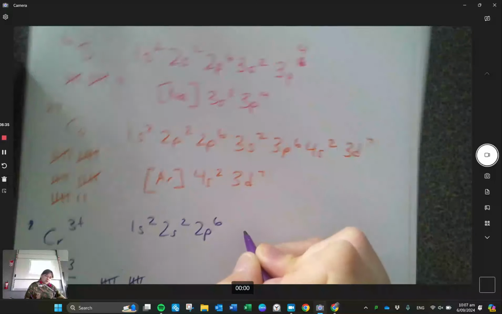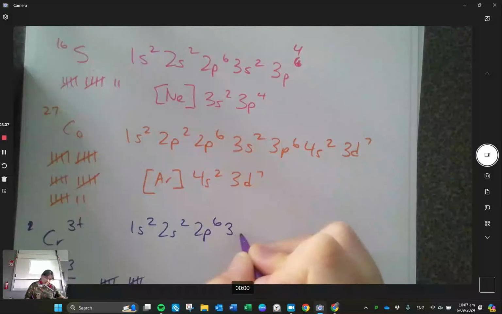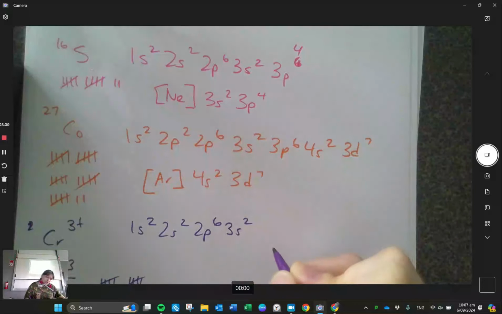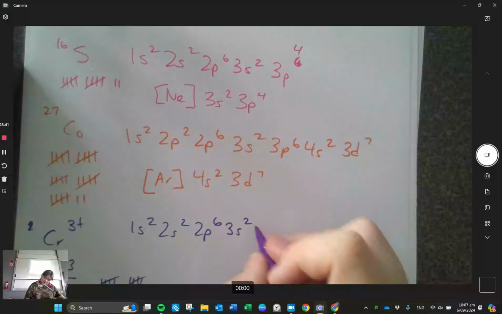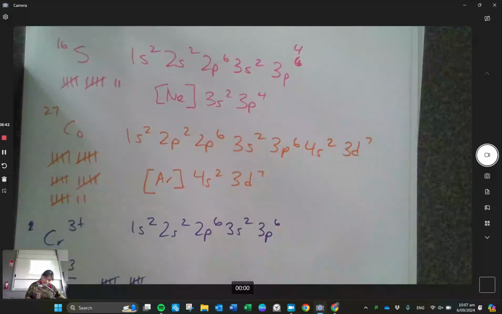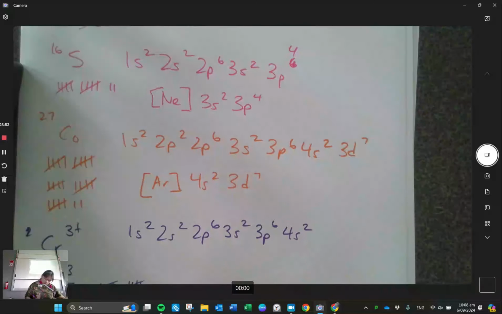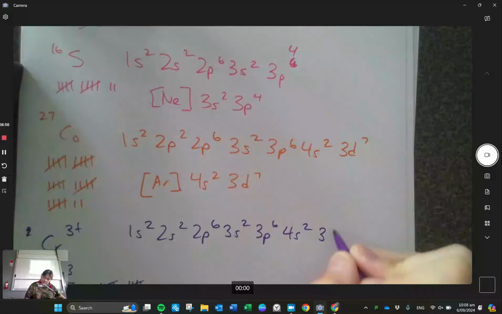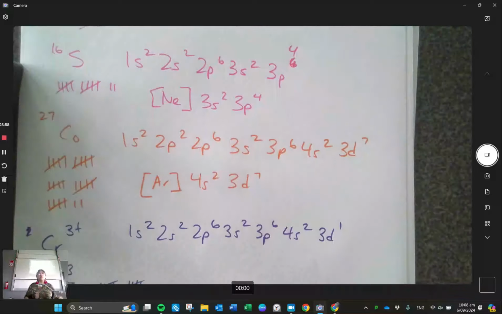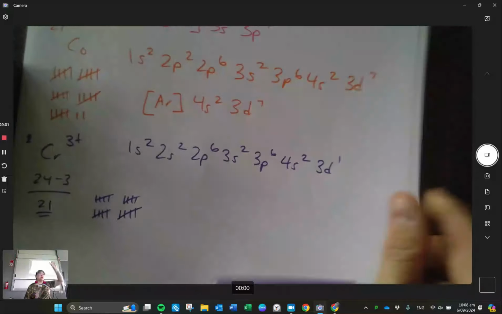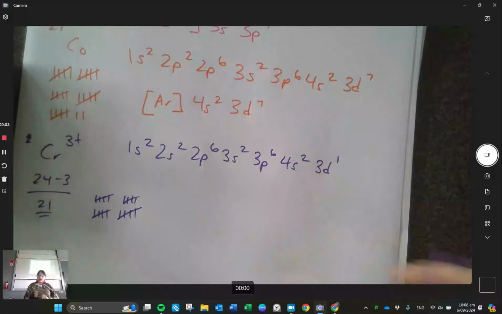And then we would do 3s2, 1, 2, and then we would go to 3p, which is another 6, 1, 2, 3, 4, 5, 6. And then we would go to 4s2, 1, 2, and then we would go back 3d, 1. So that's what you would do if you were doing the fill in the swipey. Yeah? This is incorrect.